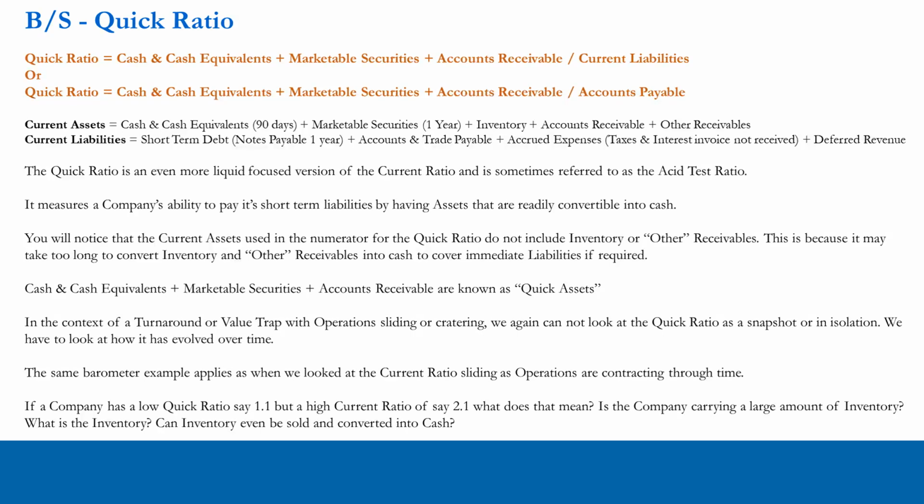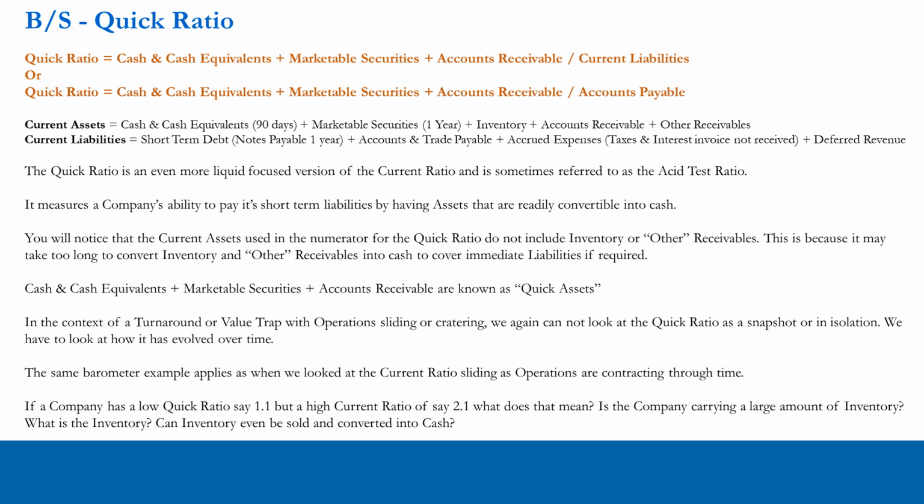What it does is it measures a company's ability to pay its short-term liabilities by having assets that are readily convertible into cash. So you'll notice that the current assets used in the numerator for the quick ratio don't include inventory or other receivables.